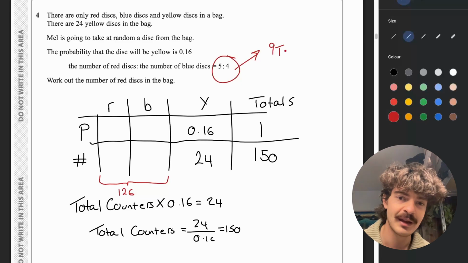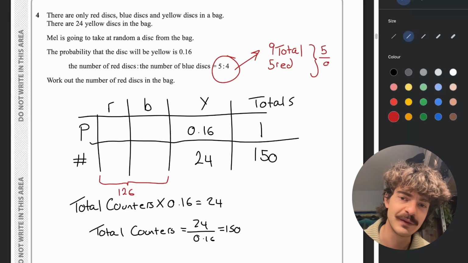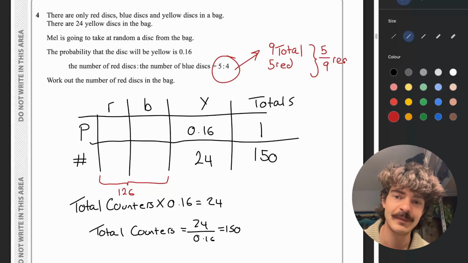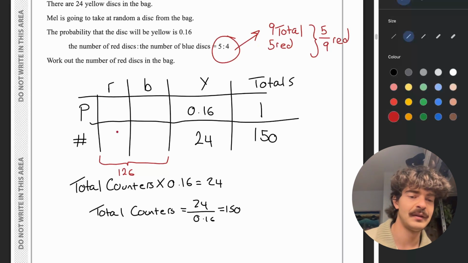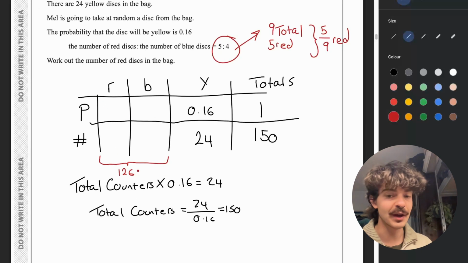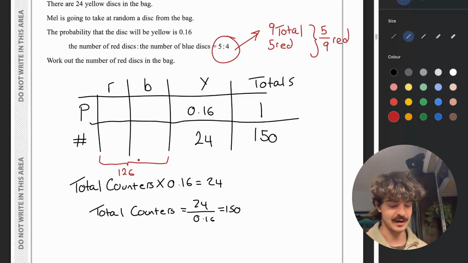Well, there's 9 parts total, and 5 of those are red. So 5 out of a total of 9 are red. Cool. So the probability of it being red out of the 126, not out of the 150, is 5 over 9.